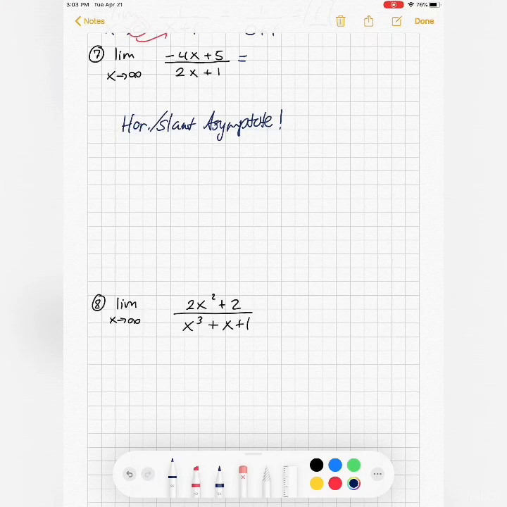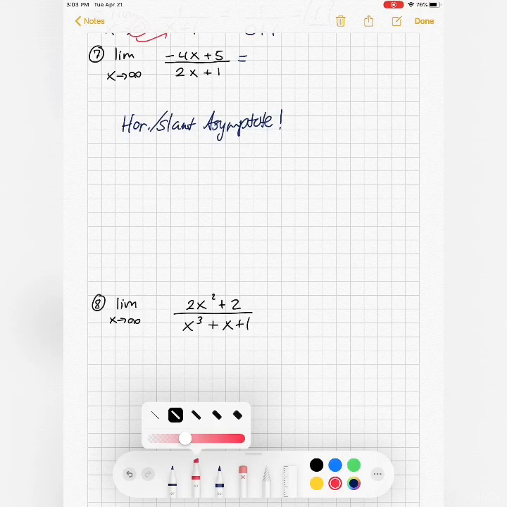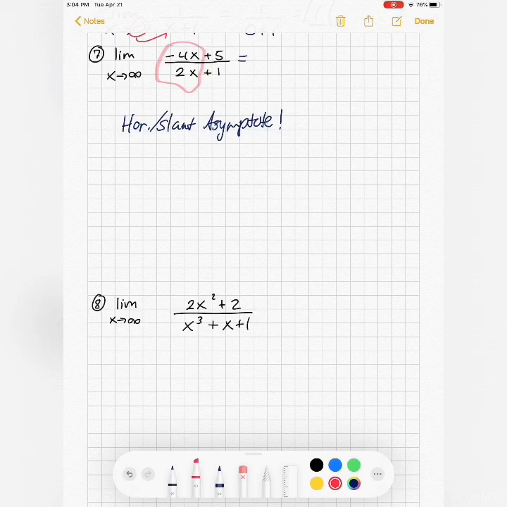Okay, so when I'm looking at this, I go, okay, well, remember, to determine the horizontal or slanted asymptote, I'm looking at the leading terms, right? So I'm going, okay, in this case, I have the same power top and bottom. So what's going to happen is I'm actually going to cancel out, and the result is going to be -2.